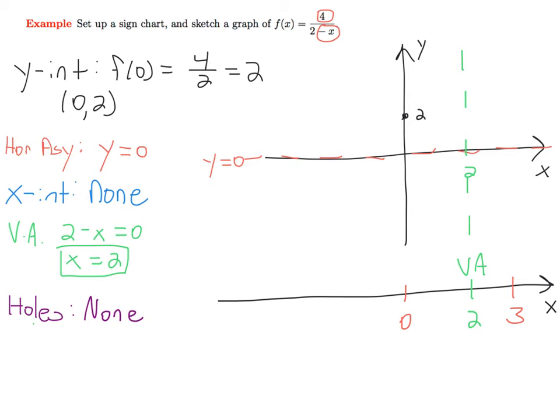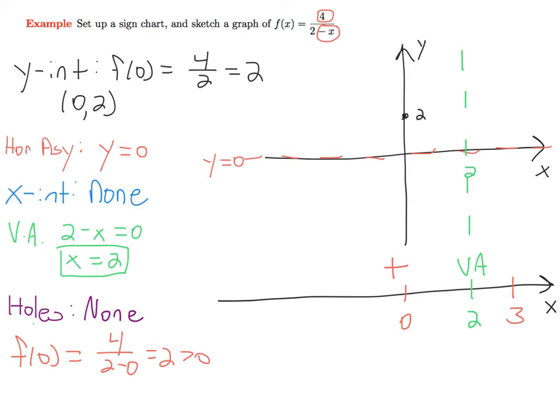Now evaluating f at 0 gives me 4 over 2 minus 0. This is the y-intercept that we already found, and that's positive. So over here, I'm going to put a positive sign.